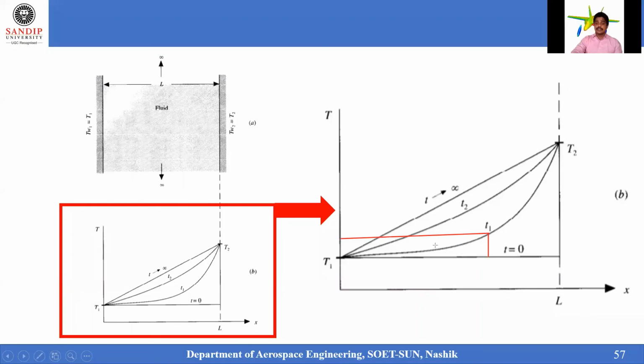But at the time T2, not even 50% of the heat has been transferred. When I follow the zero path, there is no heat transfer happening. When I follow the T1 path, the heat transfer rate is high compared to this one.